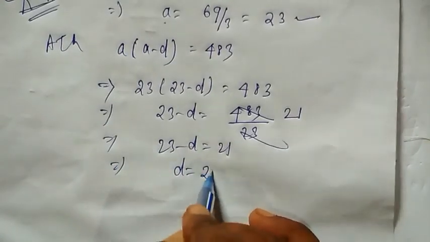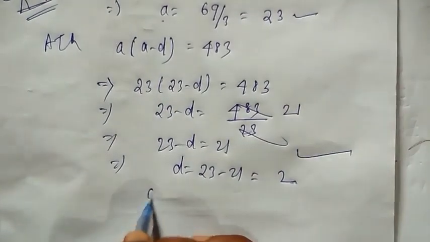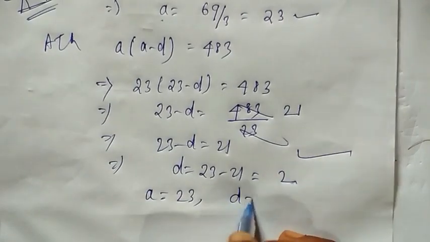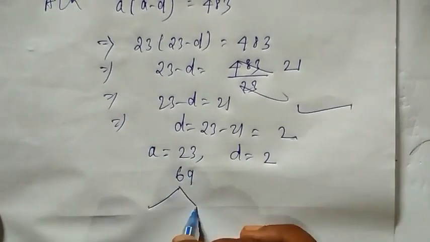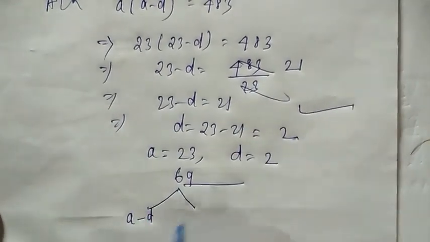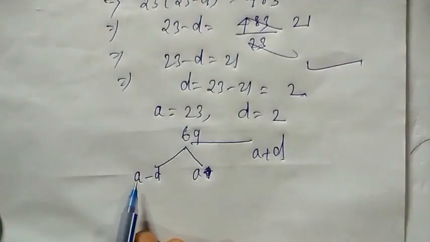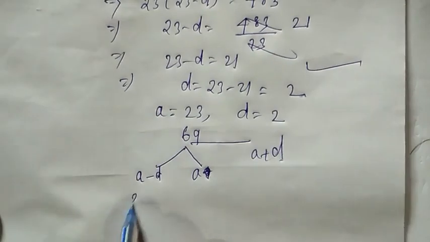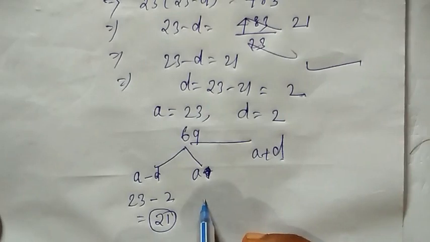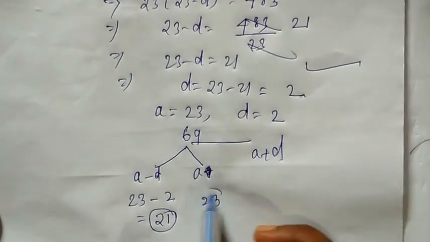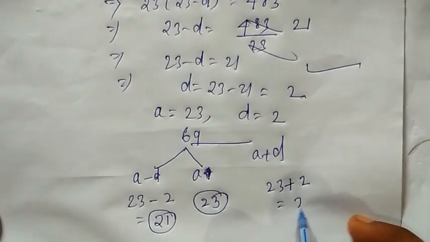That implies D is equal to 23 minus 21, which is 2. We are getting the common difference as 2. A value and D value you got. Then the question asks to split 69 into 3 parts. One part is A minus D, another is A, another is A plus D. So A minus D is 23 minus 2, we are getting 21. Another one is 23. Another one, A plus D, is 23 plus 2, we are getting 25.